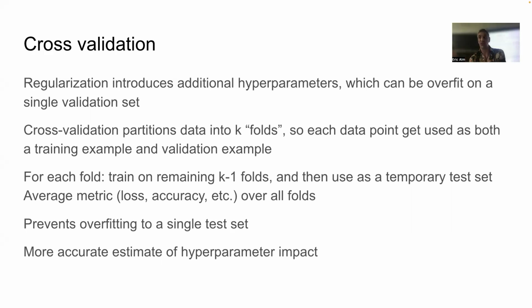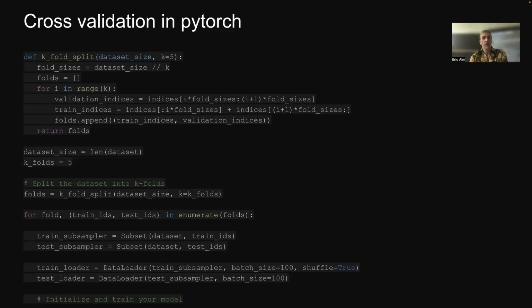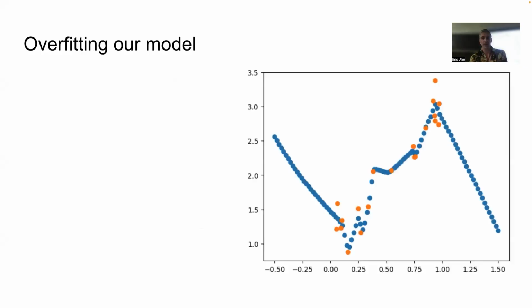And so I can use all of my data to fit those hyperparameters instead of just 20% of it.